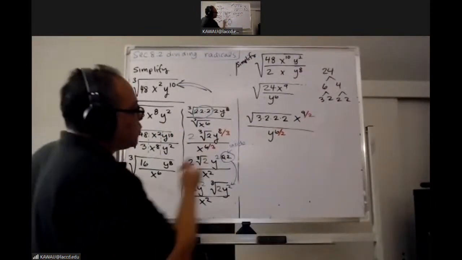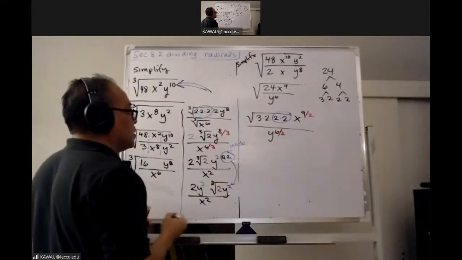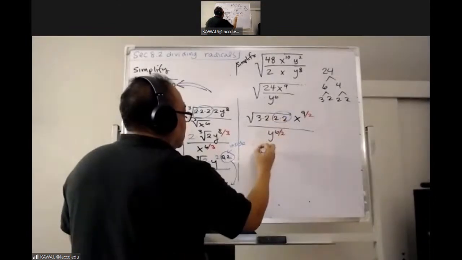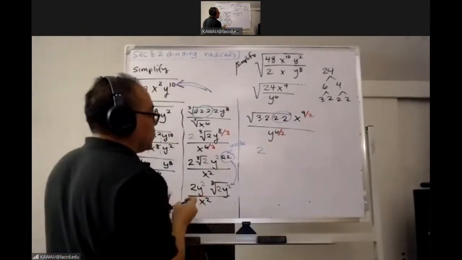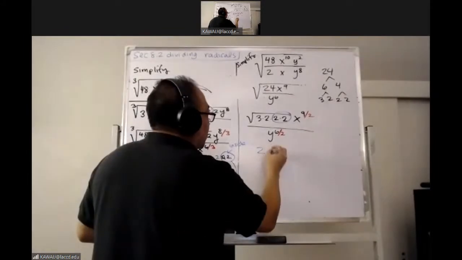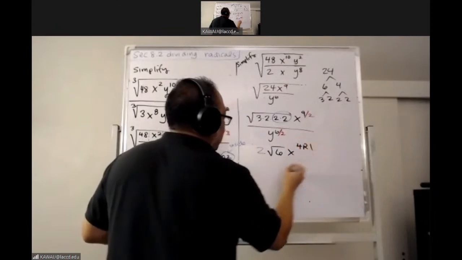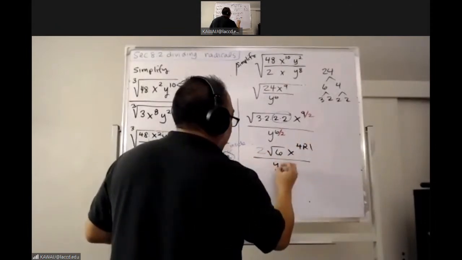So I'm going to pull these out. So those two 2's turn into a 2. And then I get a square root of 6x, 4r1, and then y3.